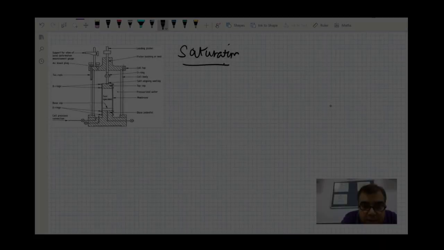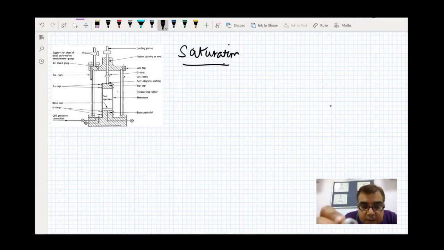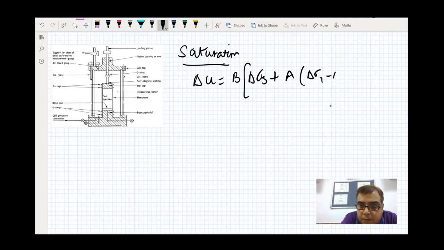The most handy equation to confirm what level of saturation is achieved is Skempton's pore pressure equation, which we have just introduced a while earlier. All the sigma 1 and sigma 3 are the changes. Please remember, these are all deltas.